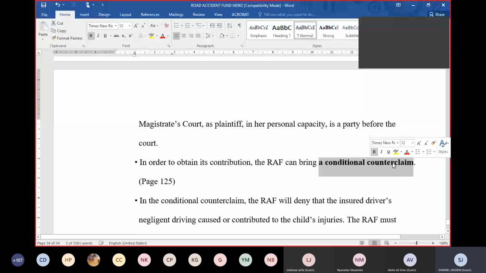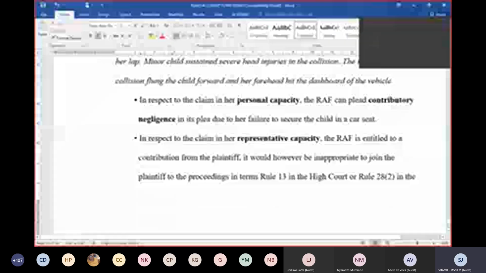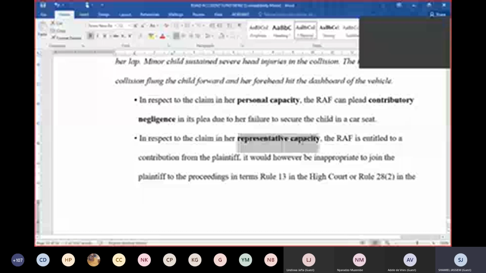So the question is, when will a conditional counterclaim be filed by the RAF? A conditional counterclaim will be filed by the RAF where the plaintiff is there in her personal capacity and she's there in a representative capacity on behalf of the minor child.